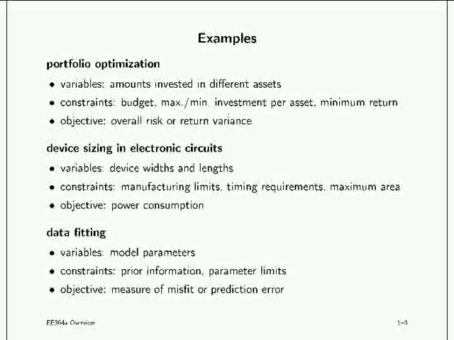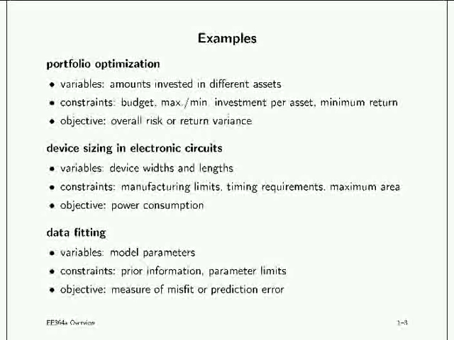And a final area would be data fitting. So let me say a little bit about that. That's a very different thing. In the first two applications, there's action involved: portfolio optimization is how should I invest, and device sizing is how shall I build the circuit. In data fitting, it's kind of the opposite. You're looking at data, and what you're doing is fitting a model.